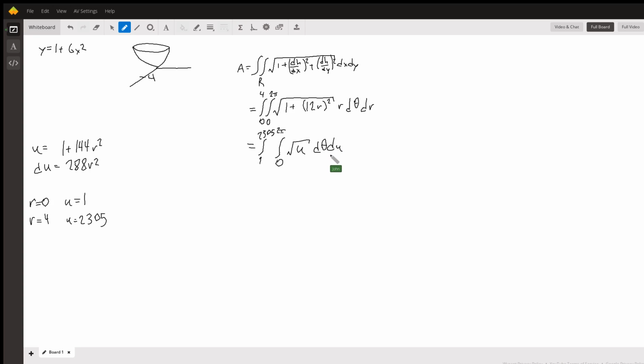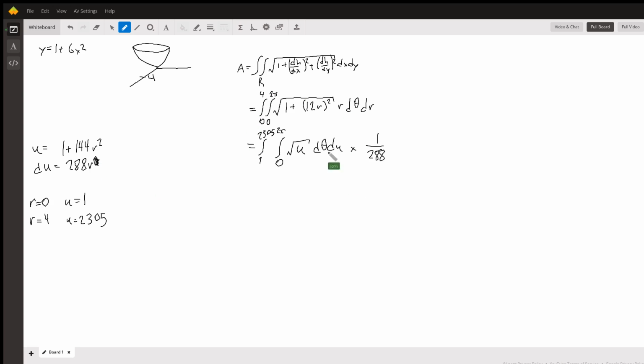Oh, and then du, we have to divide by 288 to convert from du to dr. So times 1 over 288. I'm sorry, this shouldn't be r squared. This should just be r.